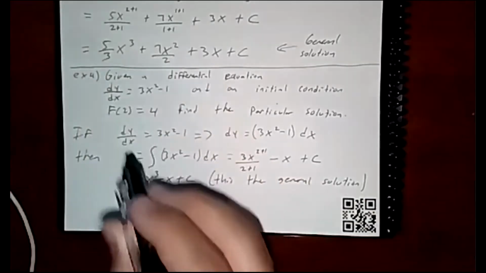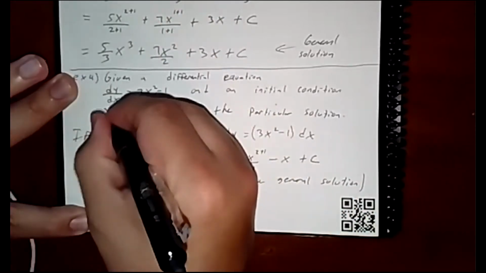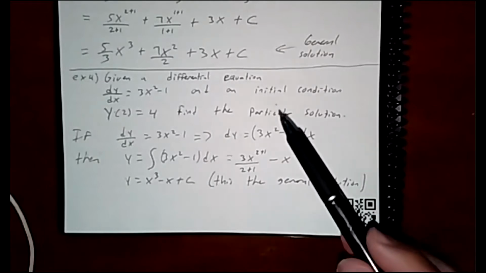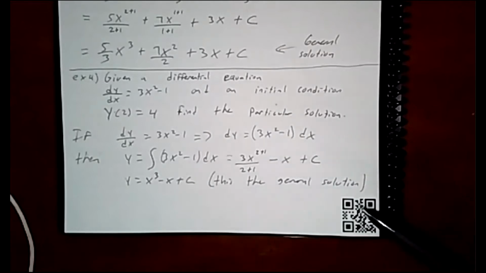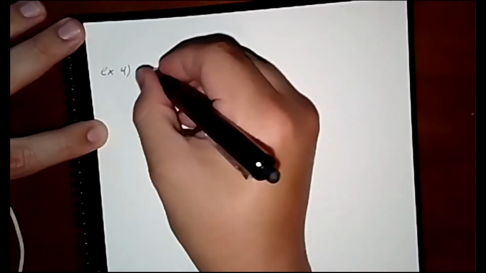I'm going to change this capital F here to y. In your notes, put y of 2 equals 4, just to make it easier. Okay, we'll move on to the next step, because we need to solve for c. Solving for c will give us the particular. Apparently, we only have the general. Okay, let me rewrite this again. Example 4, continued.